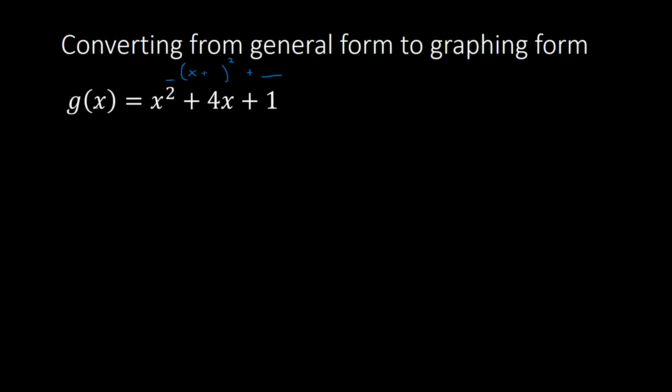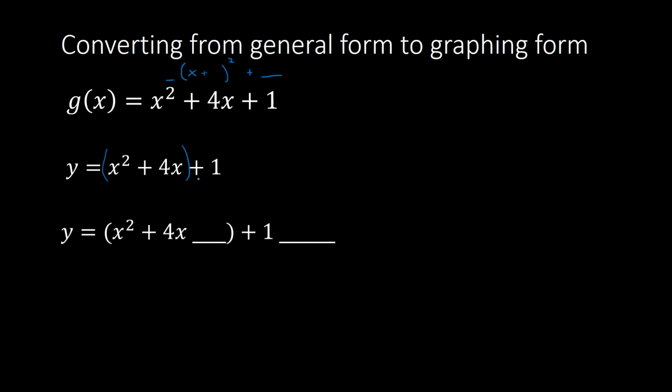So first off, if I want to, I can think of g of x as y equals. Same thing. And then from here, what I want to do is I want to kind of group together these first two terms. So I have x squared plus 4x by itself, and then the 1 over here on the side. And leave a little blank here with the 4x and a little blank out here with the 1, because I'm going to add or subtract something in the blank.